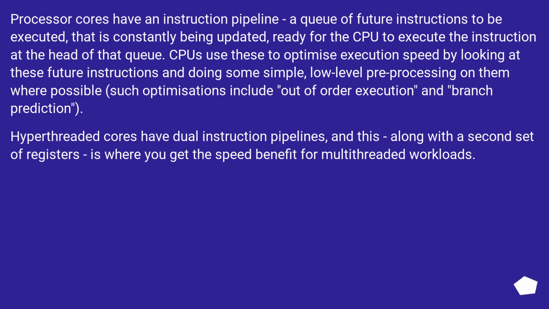CPUs use these to optimize execution speed by looking at these future instructions and doing some simple, low-level pre-processing on them where possible. Such optimizations include out-of-order execution and branch prediction. Hyperthreaded cores have dual instruction pipelines, and this, along with a second set of registers, is where you get the speed benefit for multi-threaded workloads.